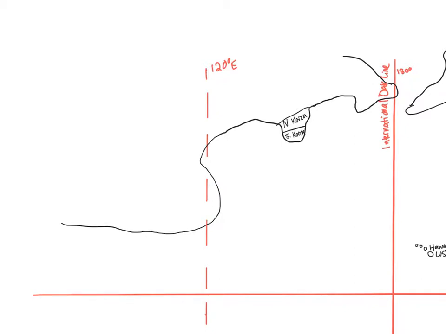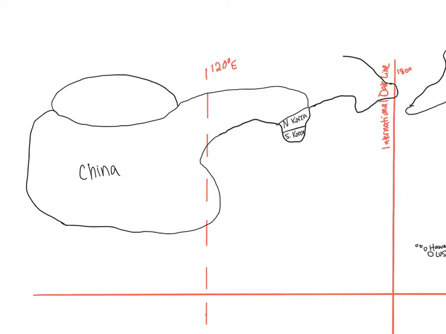Okay, and then to start back up from the top, over by North Korea, it loops around North Korea, comes across, and dips there. It's going to go all the way to the left side of your paper, basically. This is China. And that dip that we drew, this is another country, Mongolia.